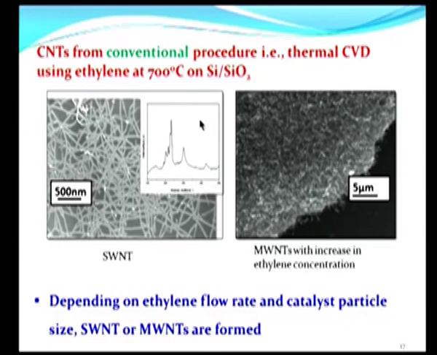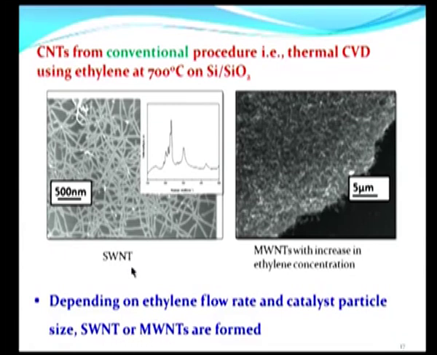The multi walled carbon nanotubes have a slightly different signature, and therefore, from the Raman spectrum it is possible to tell whether what you have got is single walled or multi walled carbon nanotubes through a CVD process. Depending on the flow rate of ethylene in the CVD process we described and the catalyst particle size that is employed, it is possible to obtain either single walled nanotubes or multi walled nanotubes.